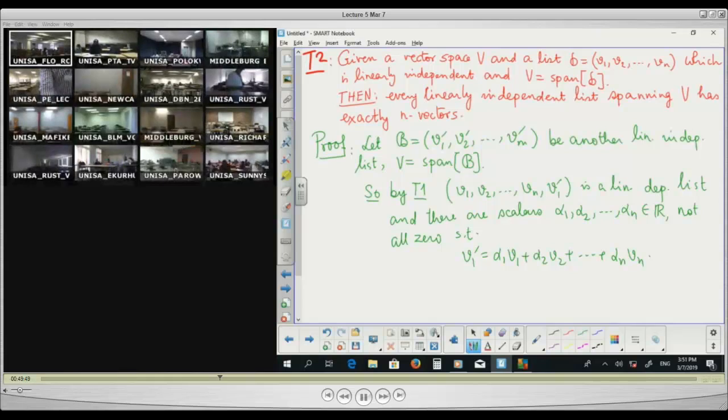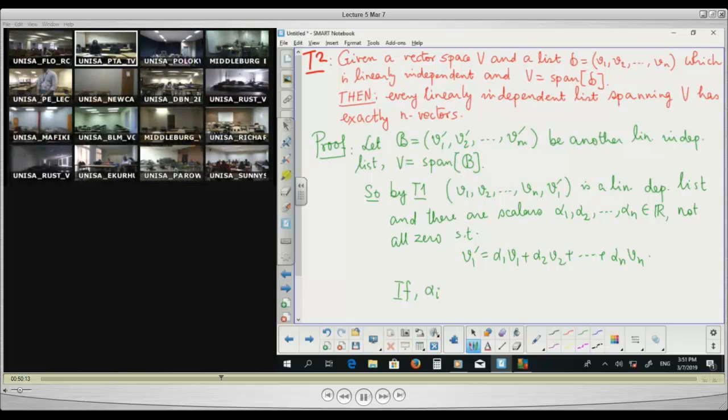Yes? When you say so by T1, do you have V1, V2 up until Vn, then you have V1 prime? Are you saying? Yes. But you've already told us that V1 prime is linearly dependent. So I don't know why you're saying so by T1. You're also including V1 prime there.